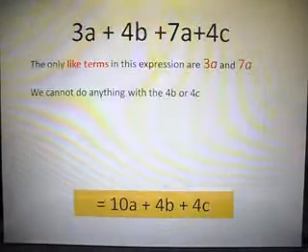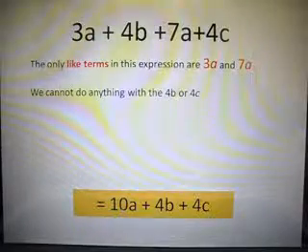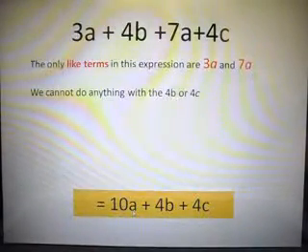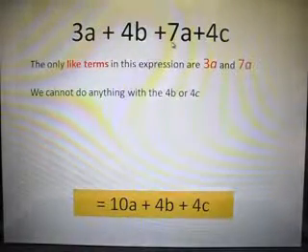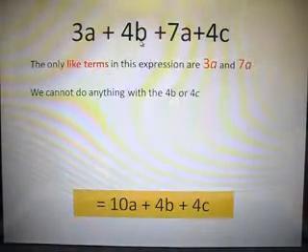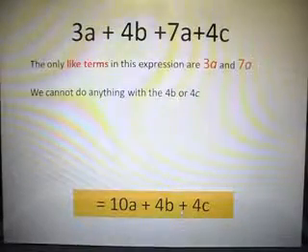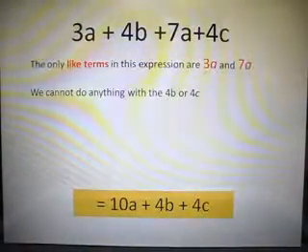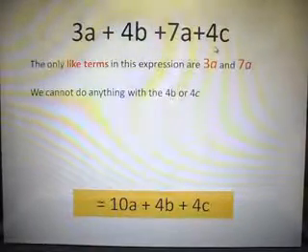Why can't we add them up together? Because they are not the same algebra. A can only be added up with A, whereas B is a standalone variable, so you cannot add it up with A. Same goes for C.